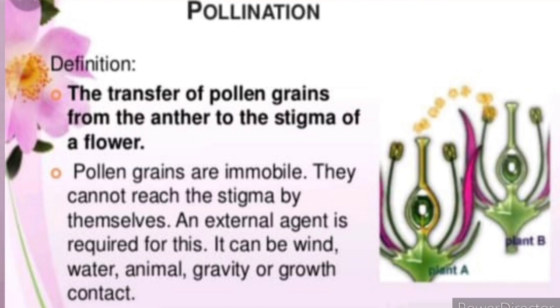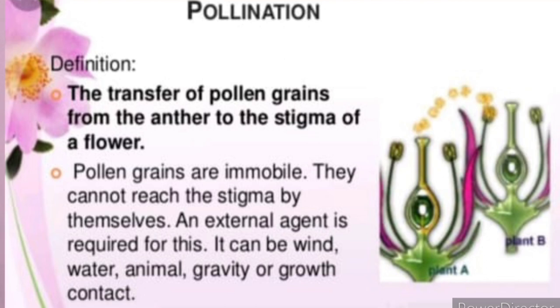Pollination is the transfer of pollen grains from the anther to the stigma of a flower. Pollen grains are immobile. They cannot reach the stigma by themselves. An external agent is required for this. It can be wind, water, animal, gravity or growth contact.